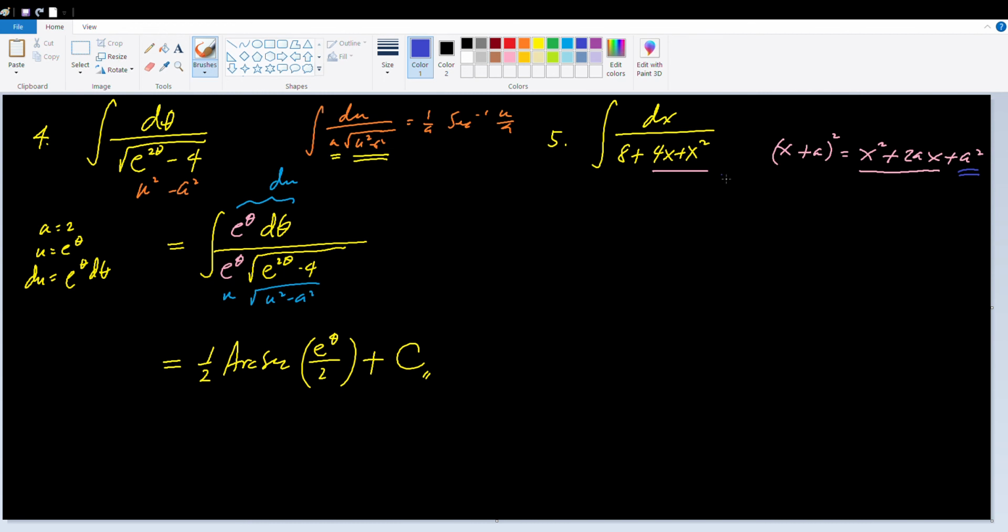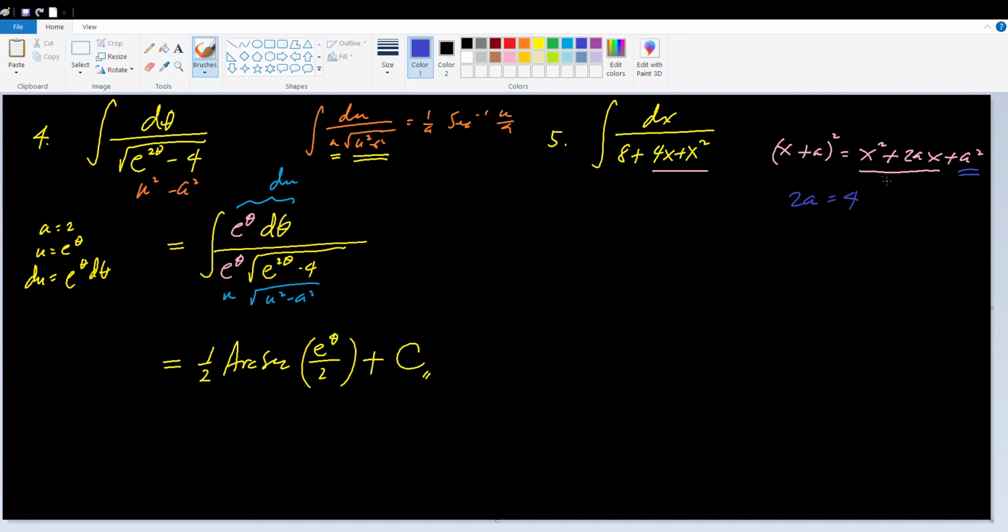Again, we're going to add a term to 4x plus x squared so that in the end, we'll be able to write that in the form x plus a squared. And the missing term a squared comes from the coefficient of x itself. So for x squared plus 4x, your 2a is 4.